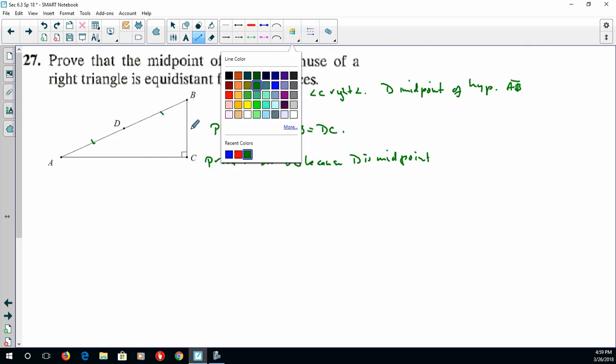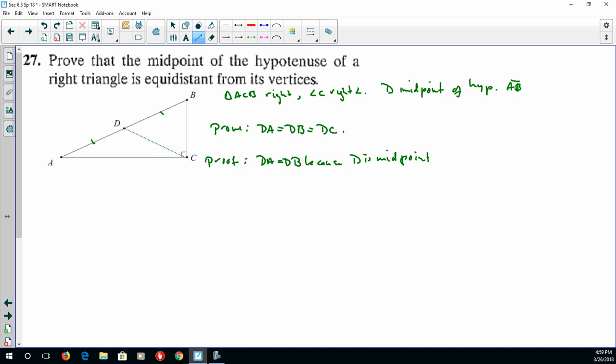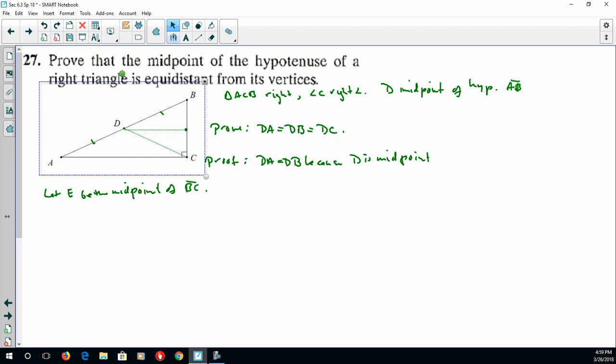Okay, so now we need to do a little bit of construction here. Let E be the midpoint of BC. Okay, so it's going to be about here somewhere. Okay, and let me draw in this line. Use the mid-segment theorem to say that DE is parallel to AC.